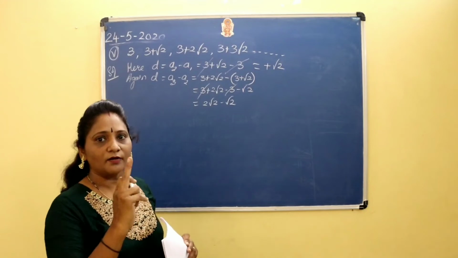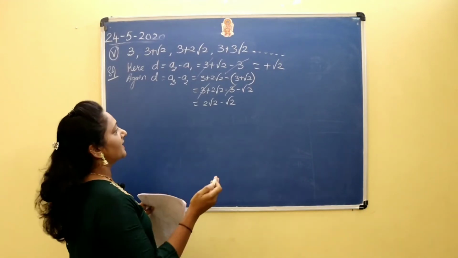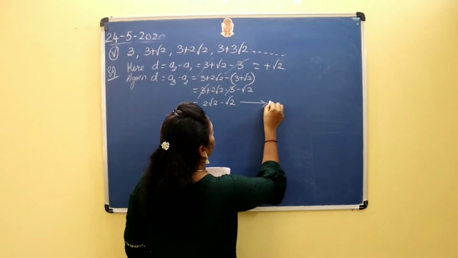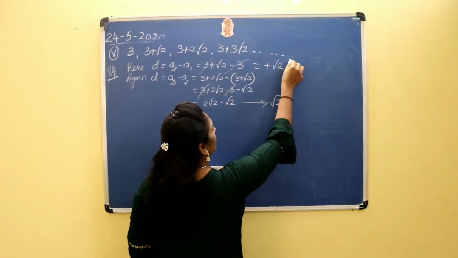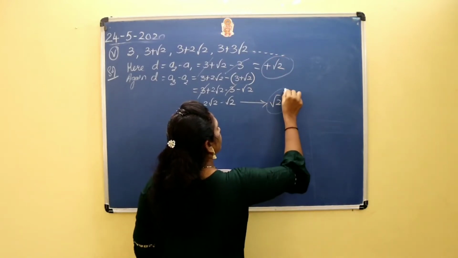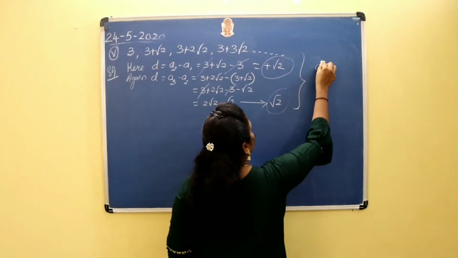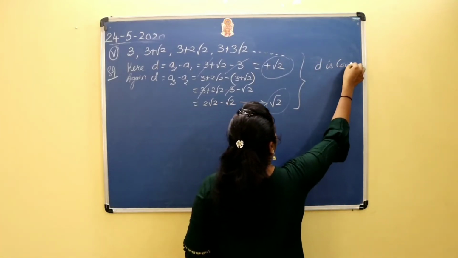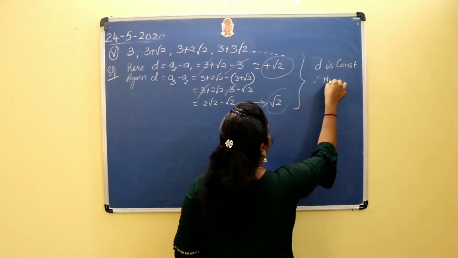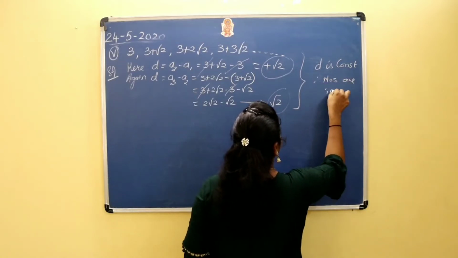Root 2 means 1 root 2. So, 2 root 2 minus 1 root 2 will give you again root 2. So, here also we have root 2, here also we have root 2. Therefore, D is constant. Therefore, numbers are in AP.